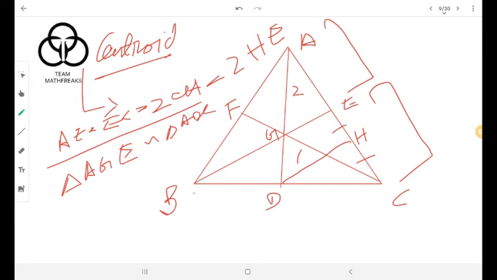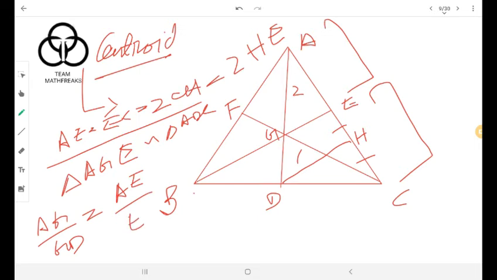Now the proof is in our hand. Find the value of AG by GD. Quick. Find the value of AG by GD. It's AE by HE. Am I correct?